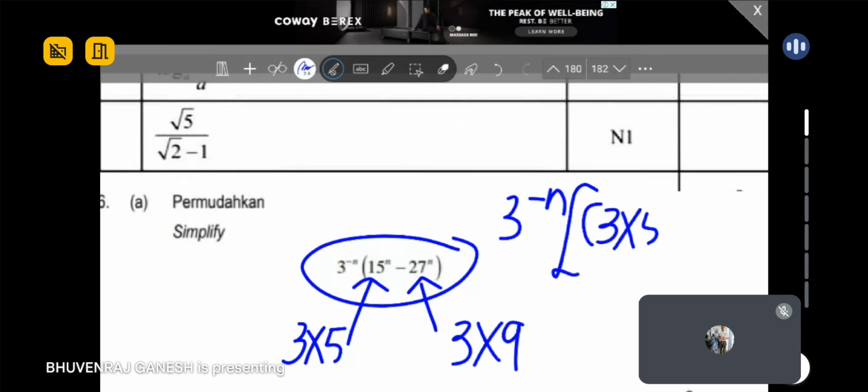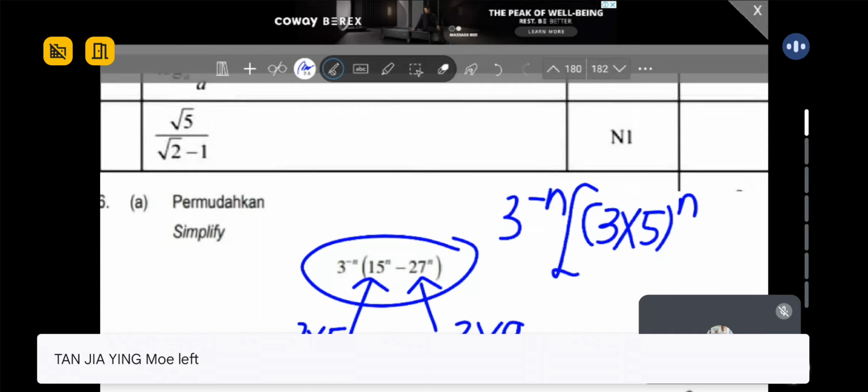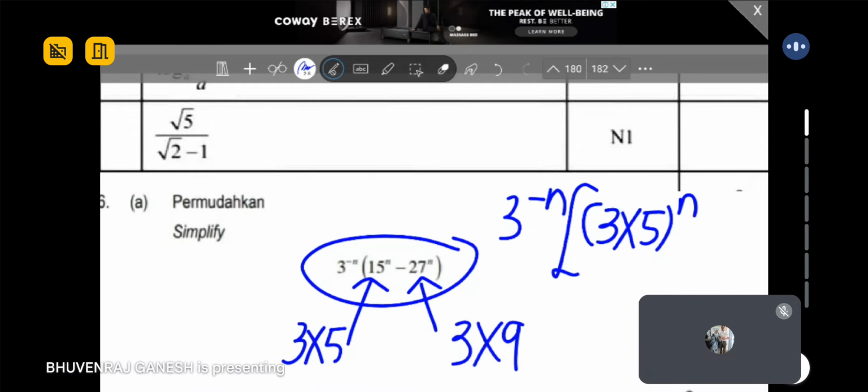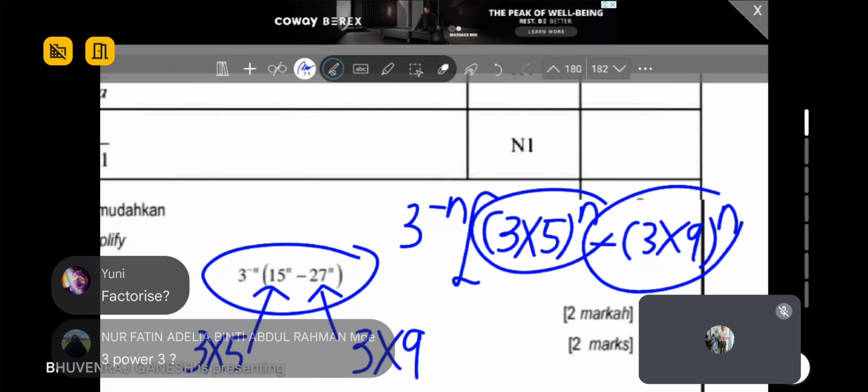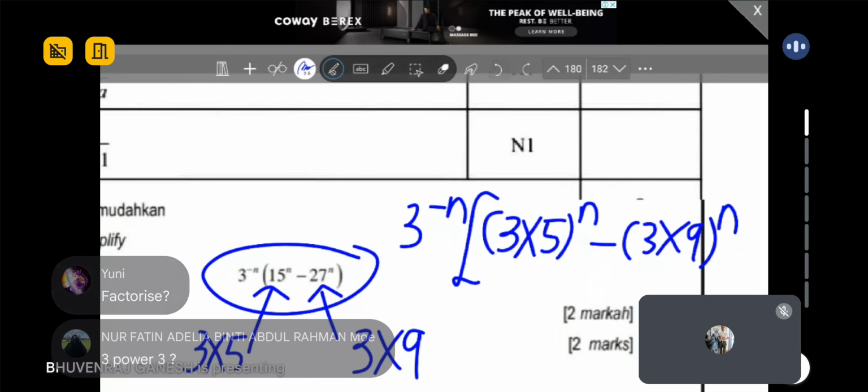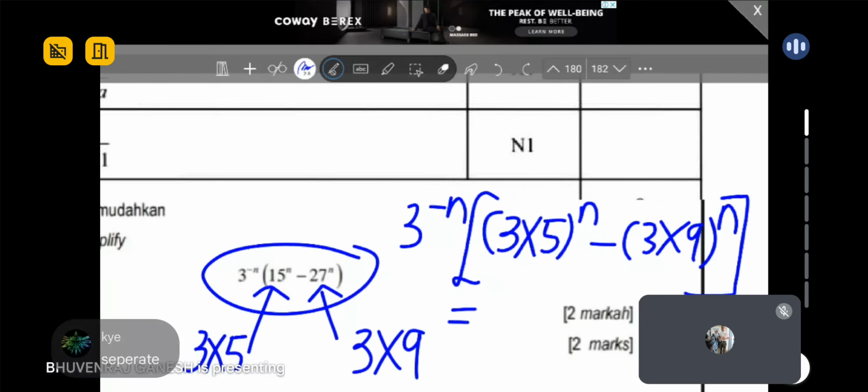So guys, bila kamu nampak macam ni, when you see like this, what can I modify here, guys? May I know? Just now only I talk about this rule, guys. Baru saja saya bincang yang ni. This kind of format. So what do I do? This one and this one. No, not factorize. Guys, cepat kamu semua lupa. You guys got Alzheimer.